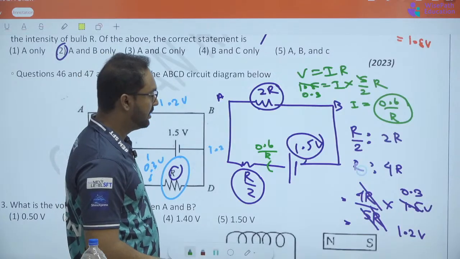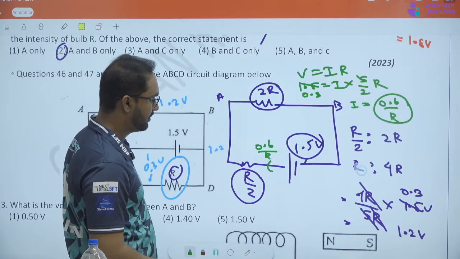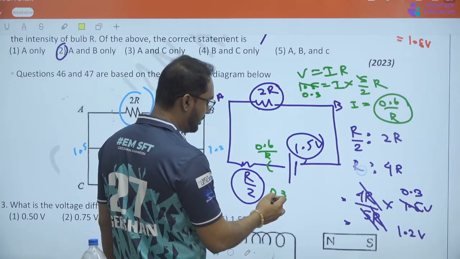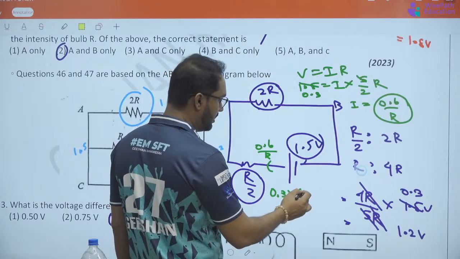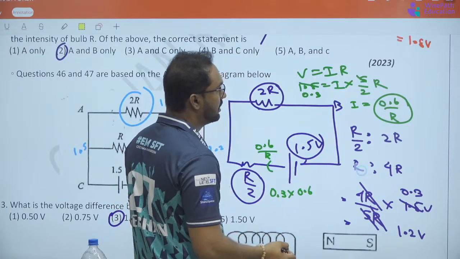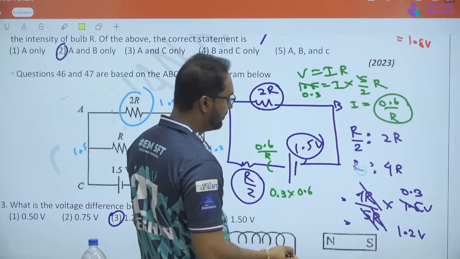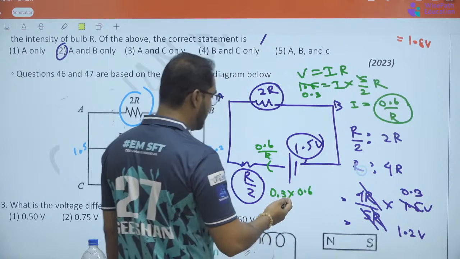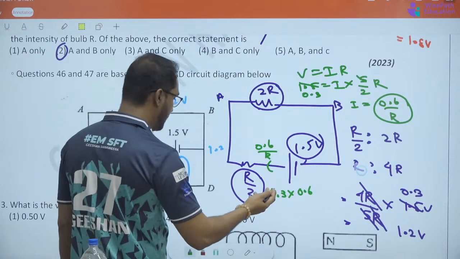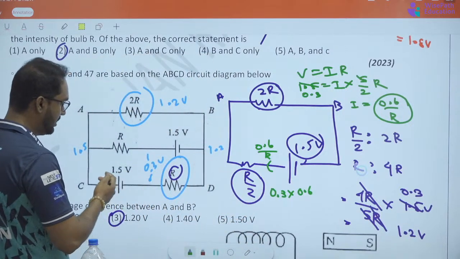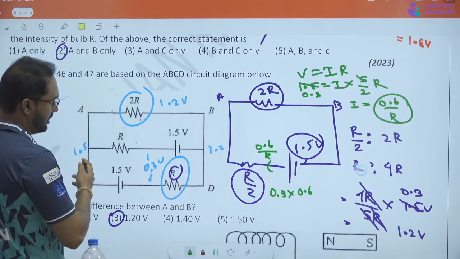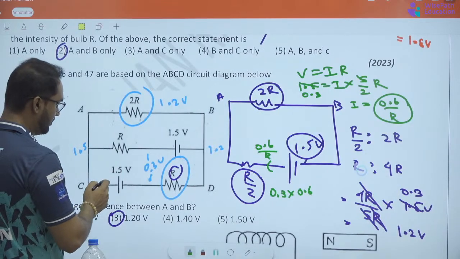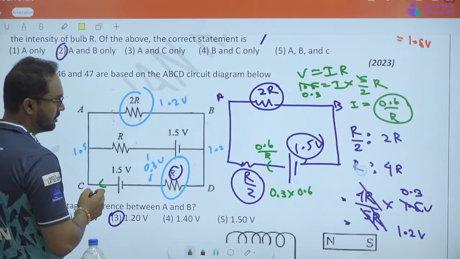So if you compare the VI, V of this is 0.3 and I is 0. Now we have to divide this I into two fractions. This is the total current coming out, but that current will be divided, right? Now let's say this is the current coming out.